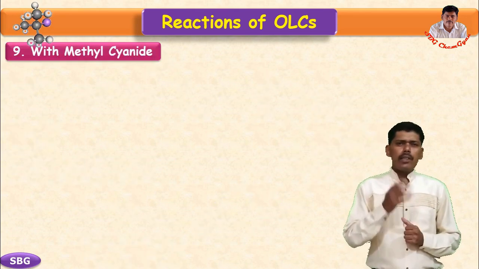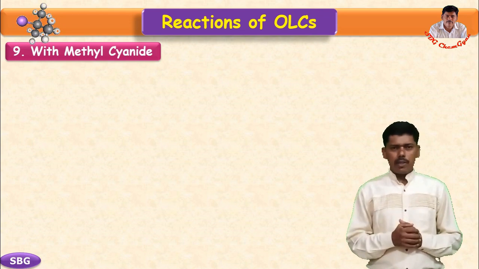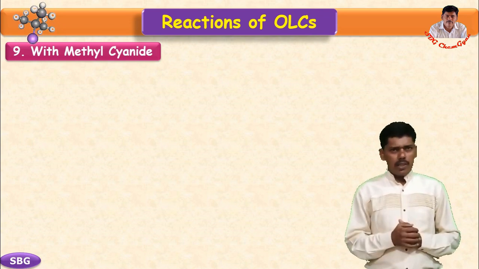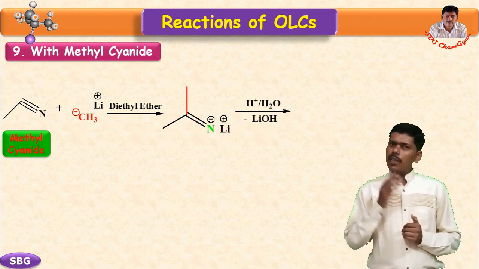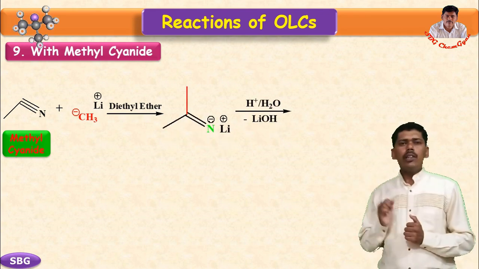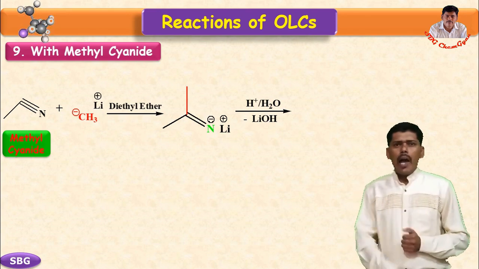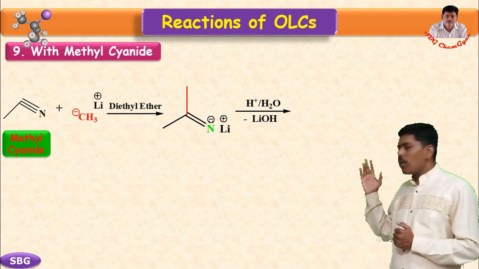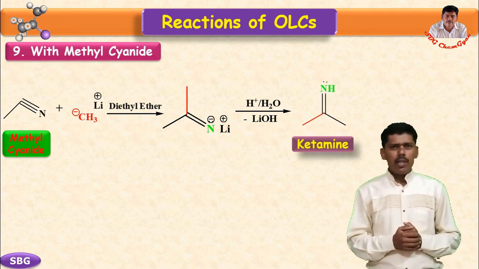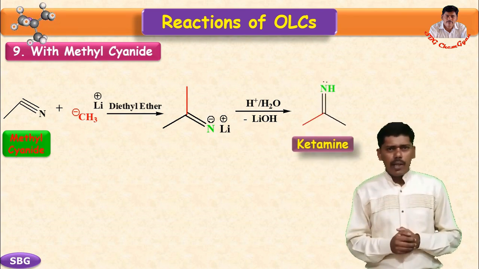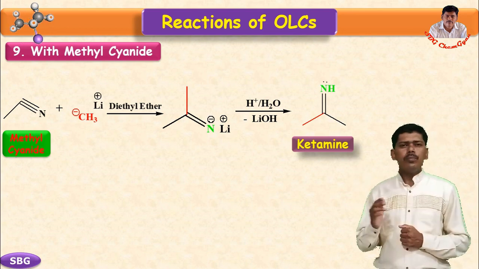Now we study the last reaction of organometallic reaction. In this reaction, methyl cyanide reacts with methyl lithium in diethyl ether as a solvent. Initially, it forms an addition intermediate, which on acid hydrolysis with dilute hydrochloric acid gives ketimine.